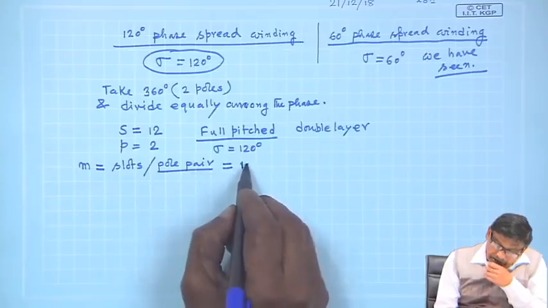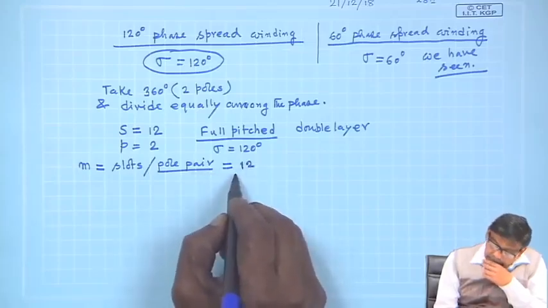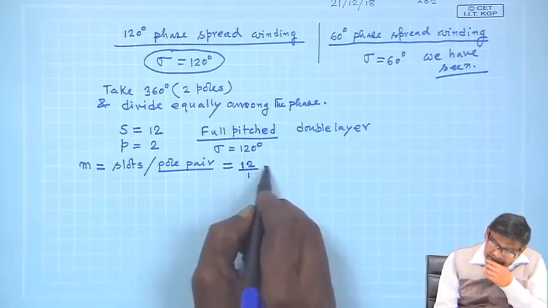Slots per pole pair is 12 by 1, that is 12.